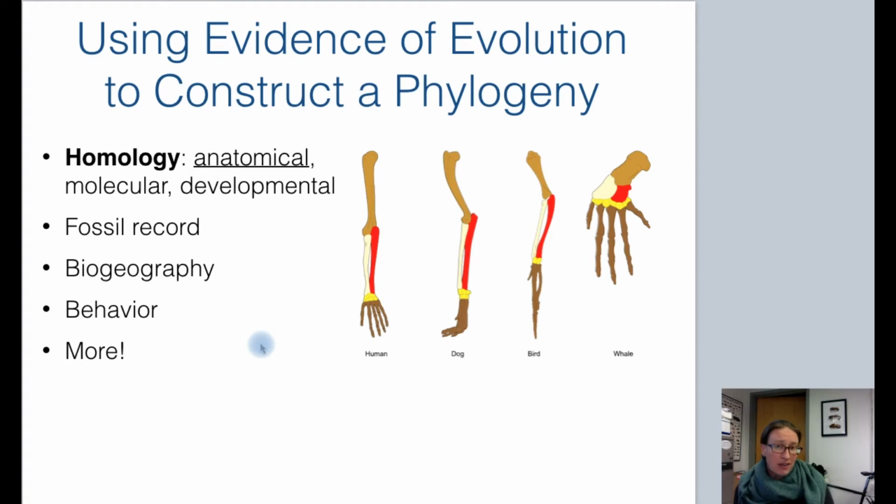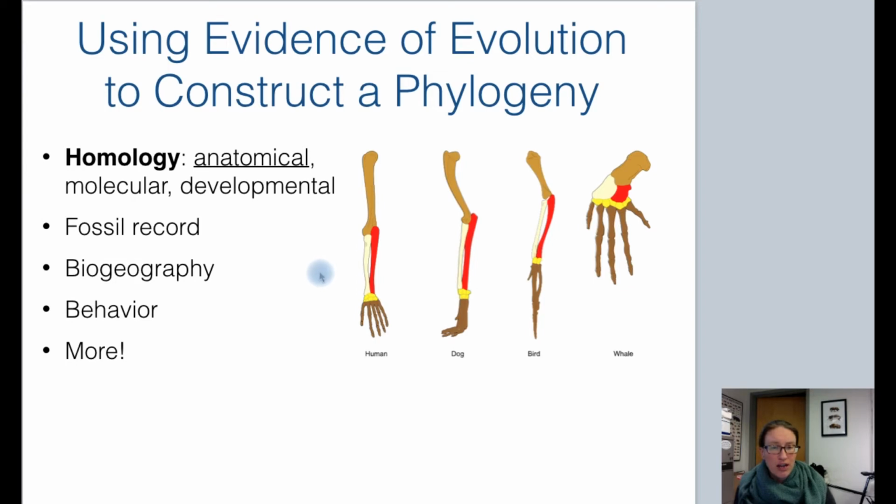One type of homologous trait that biologists will use are anatomical homologies. I have that illustrated on the slide here. Basically, that involves looking across different anatomical structures to see if it's possible to identify similar, closely related anatomical structures. So in this slide, we've got the four limbs of four different types of organisms: a human, a dog, a bird, and a whale.